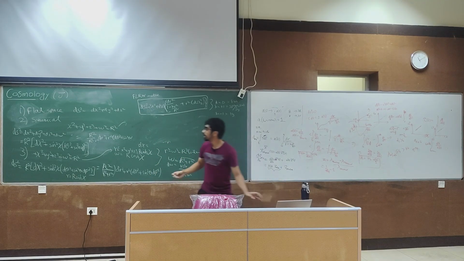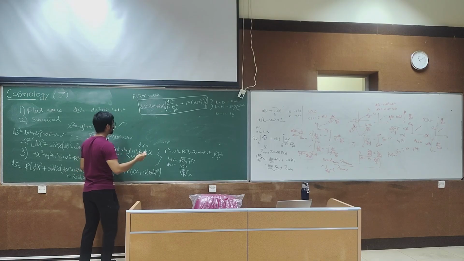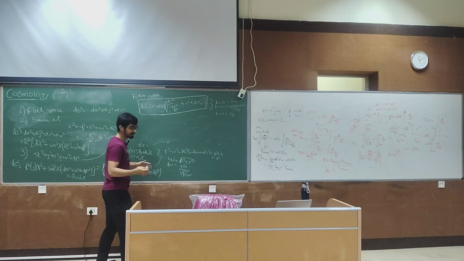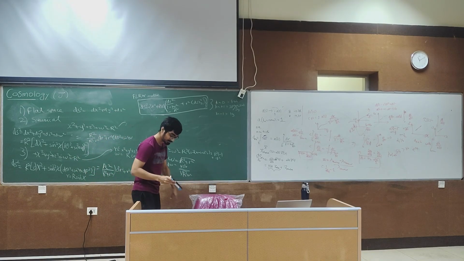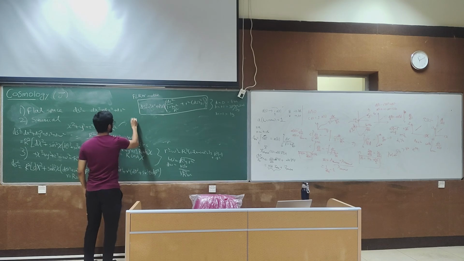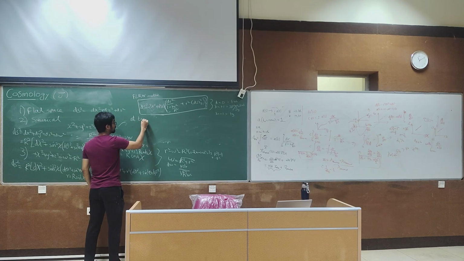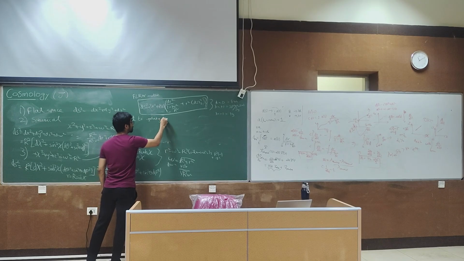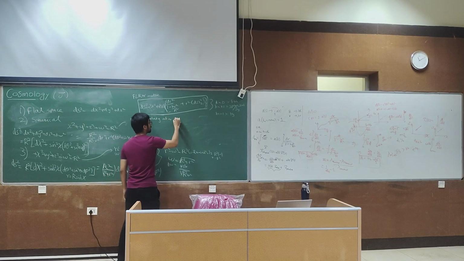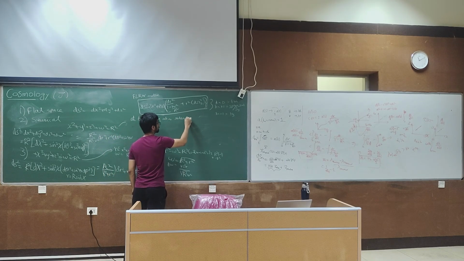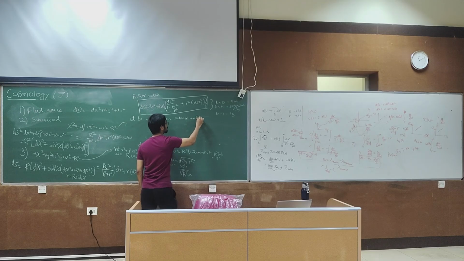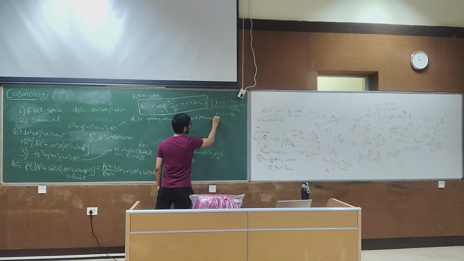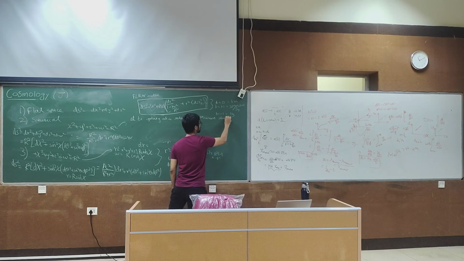Yeah. So at T naught, a galaxy at R naught releases a wave, an EM wave, starting at crest number 1.